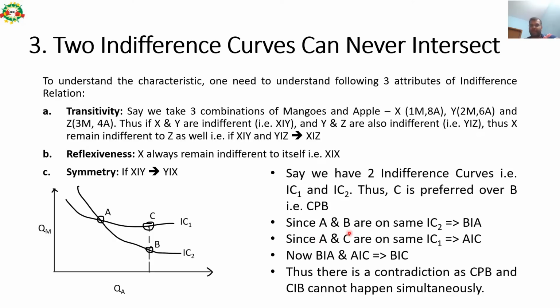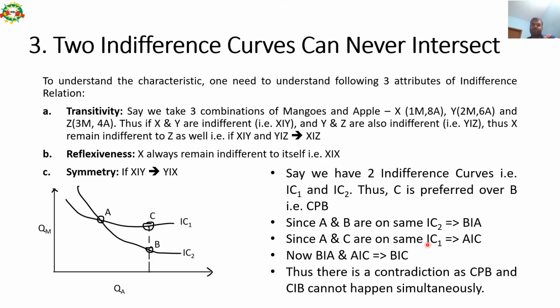Since A and B are on the same indifference curve, IC1, B and A both are indifferent. Again, since A and C are on the same indifference curve, A and C are indifferent to each other. Now we know the attribute of transitivity. Since B is indifferent to A and A is indifferent to C, B should be indifferent to C. That means B and C should be on the same indifference curve.